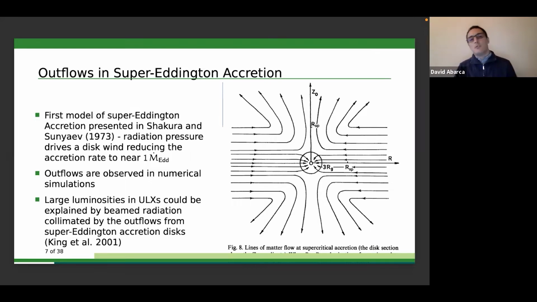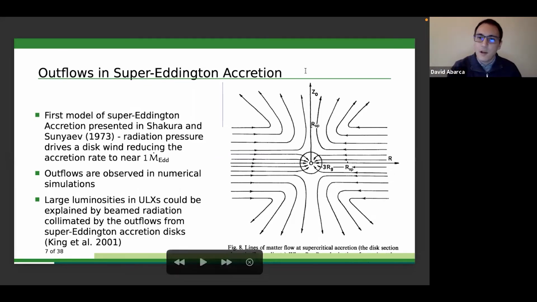And we see similar results in simulations of super Eddington accretion onto black holes. Very strong outflows are observed. What is thought to happen is that these outflows, as they flow out, are able to collimate any of the emission released towards the center, so that the source looks very bright when viewed along the poles.